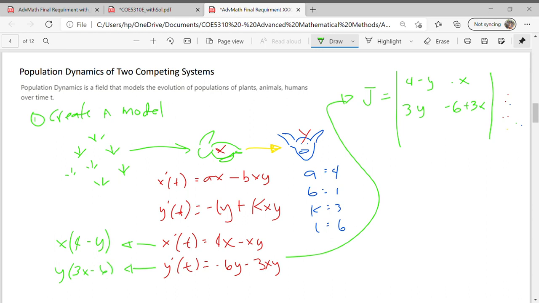Our first fixed point is 0, 0, setting the values of x and y as 0. For the inside equations, we get a y value of 4, and for the other, the value of x is 2. So these two will be our fixed points.